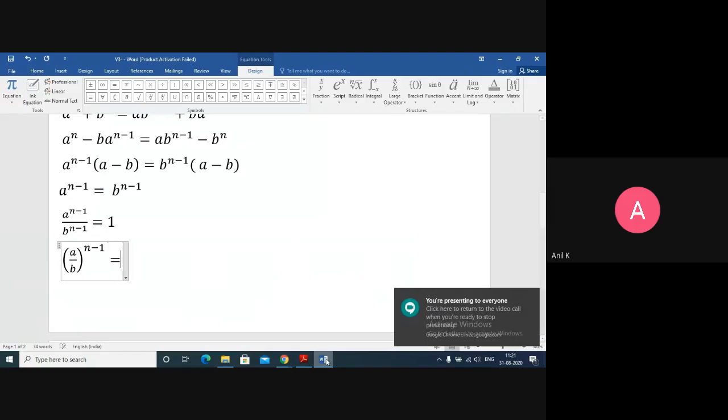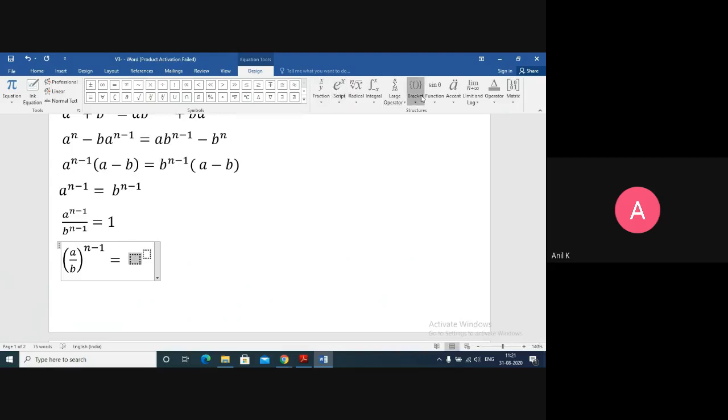Yes, we can. It is equal to 1, so 1 also I can rewrite. I write 1 as a upon b whole to the power of 0. A number whole to the power of 0 is 1 only.